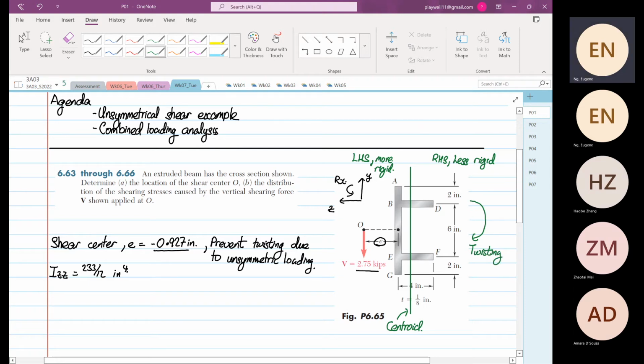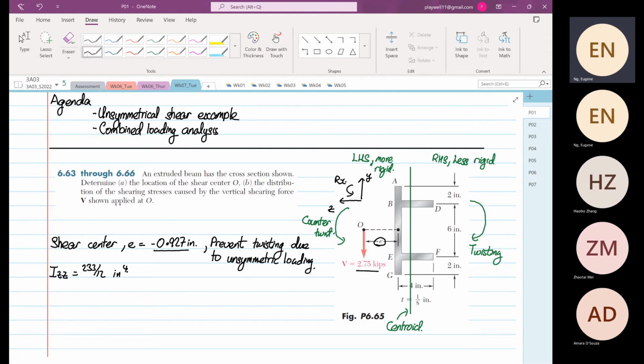You tend to twist. So when we know our shear center, we generate a counter twist. A twist and a counter twist is a couple, so we prevent twisting from occurring. Only after that can we analyze the stresses.